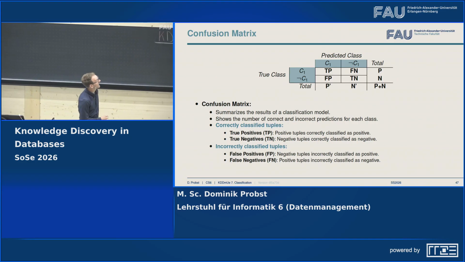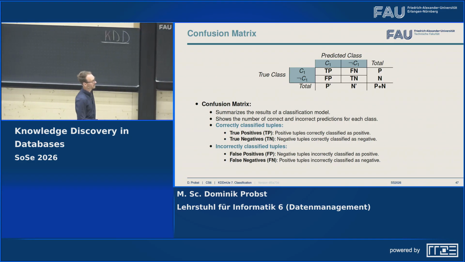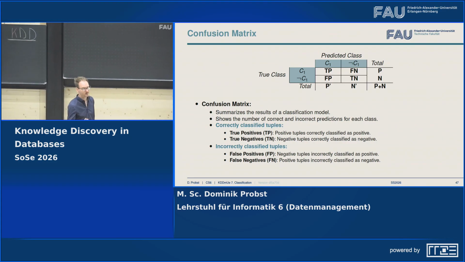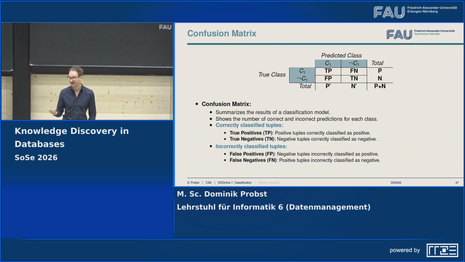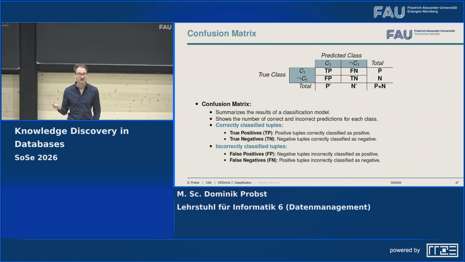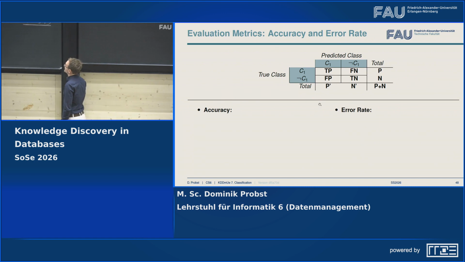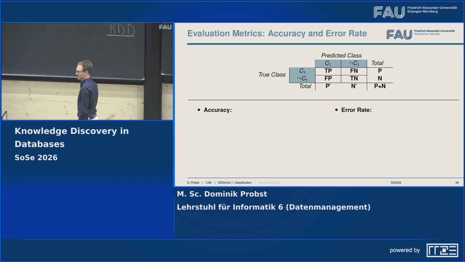If we have these values, we can simply use a test data set, run our classifier against this test data set and count how often we are in each class, and fill out that confusion matrix.